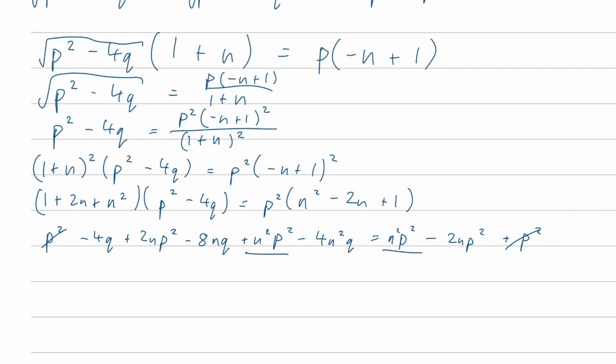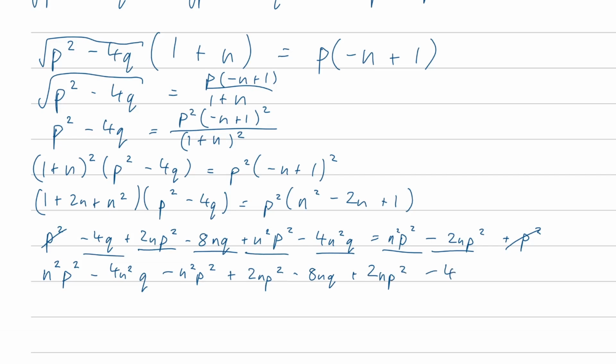So that's n squared p squared minus 4n squared q minus n squared p squared. And then the n's, so 2n p squared minus 8n q plus 2n p squared minus 4q, equals 0.